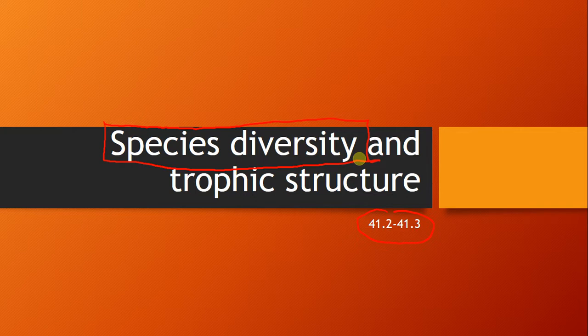So many different species. While you don't find many environments that only have one species that dominate it, and we'll take a look at trophic structure and how the interactions of these different species in the community trying to fulfill their needs, gain energy, can influence the dynamics of that community.